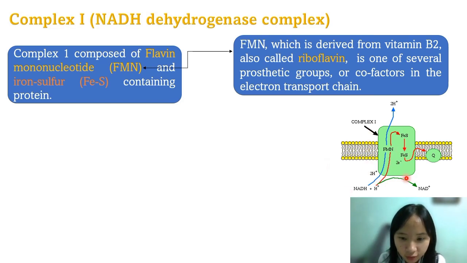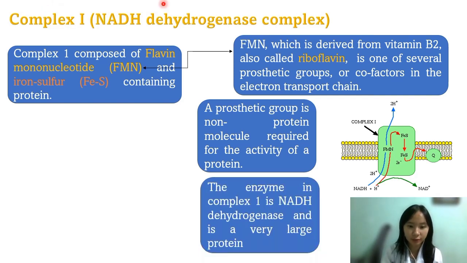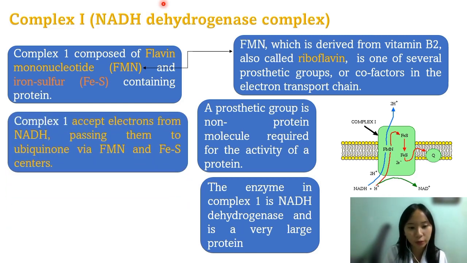A prosthetic group is a non-protein molecule required for the activity of a protein. The enzyme in complex 1 is NADH dehydrogenase, and it is a very large protein.